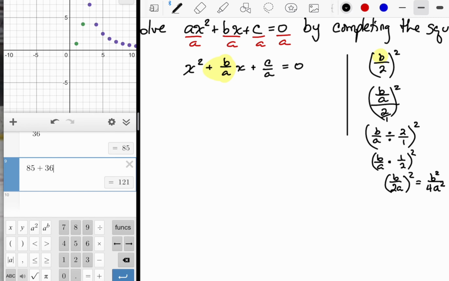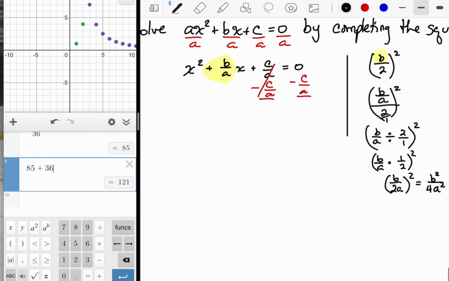That's what's going to get added to both sides eventually. I didn't move the c value over, but I'll do that in a sec. Among these first steps, I have to get this term over, so I'll get that out of there. The more practice you get with completing the square, the more you realize that a lot of these steps aren't locked into place.